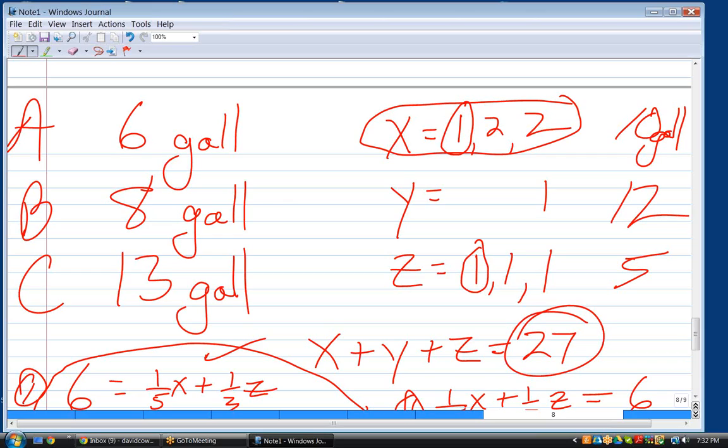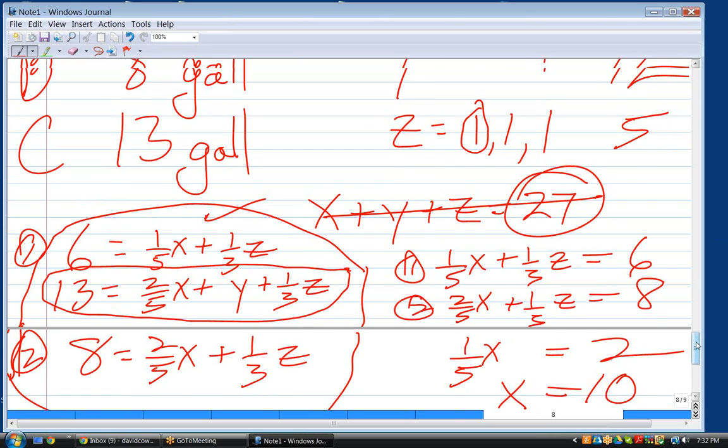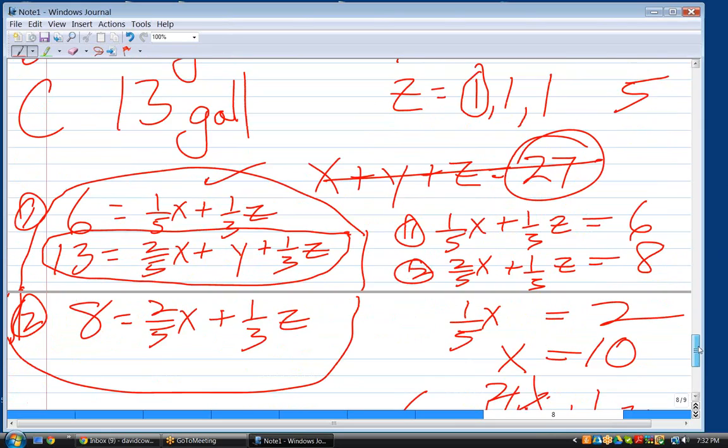I actually had 4 equations and 3 unknowns, but I don't even need this equation here. I can go into the third equation we haven't worked with yet, and plug in an x of 10 and a z of 12, and figure out that y is 5. Let's just see if that works.